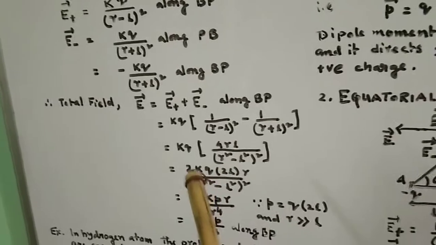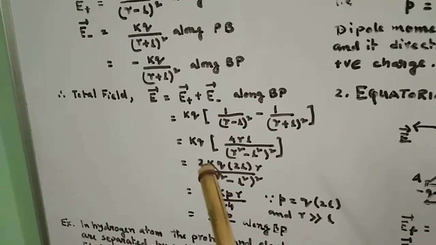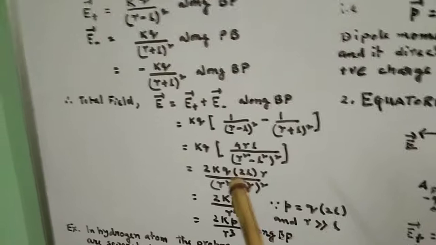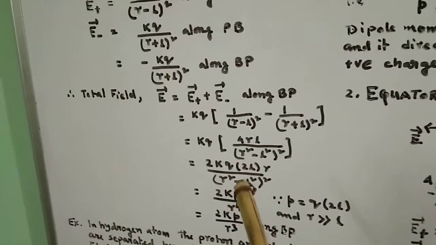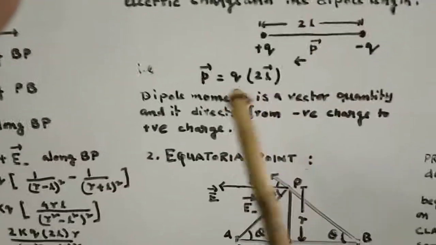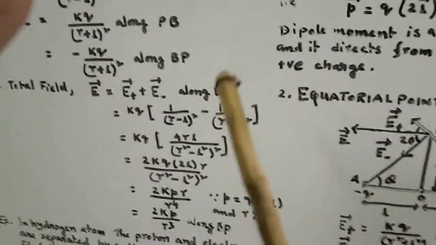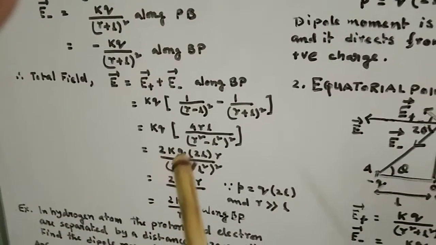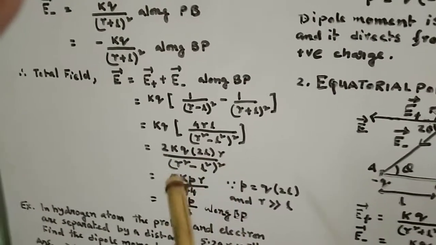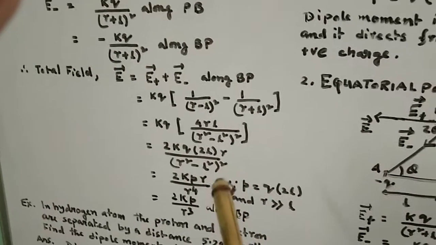If you split this, it is 2KQ times 2LR, because Q2L is your dipole moment, as we have defined here. I have to express this expression in terms of the dipole moment. So that is 2KQ 2LR over R square minus L square whole square.